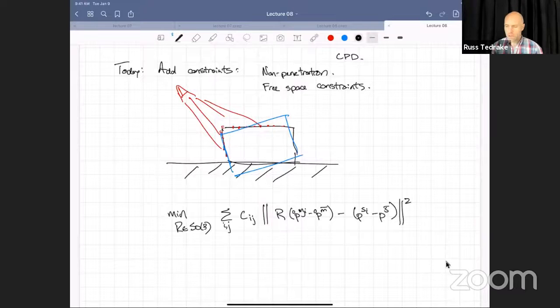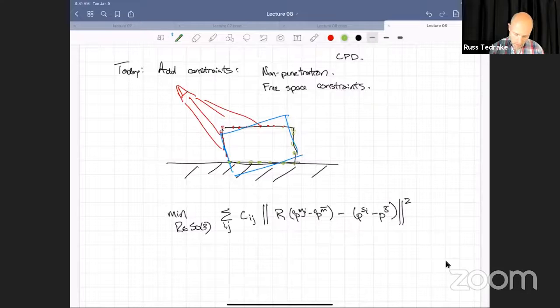Well, the obvious thing is you want to add constraints, just like we did for the Jacobian-based control. We said it's one thing to write the Jacobian and rely on the least squares solution. It's another thing entirely to get a robust solution that has obeyed the constraints. So what kind of constraints would we want to add for something like this? Well, we had model points as well as scene points, right?